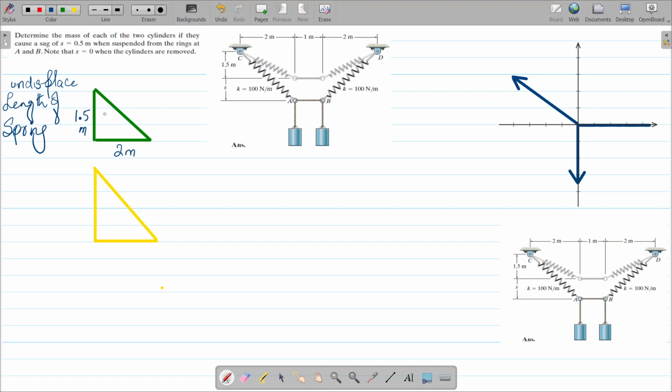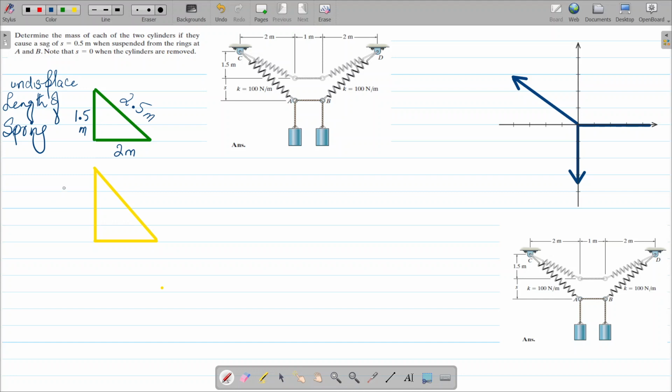So again, this is a triangle. Two lengths are given, the perpendicular and the base. So we can easily calculate the hypotenuse length from the Pythagoras theorem, which will be 2.5 meters.